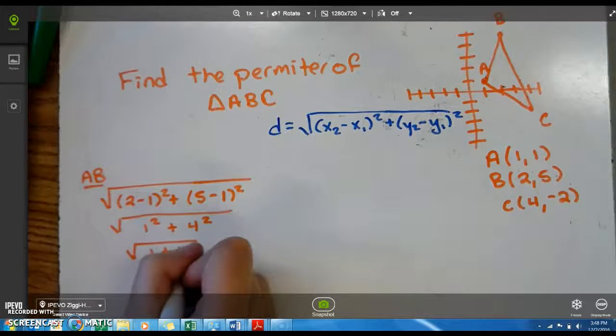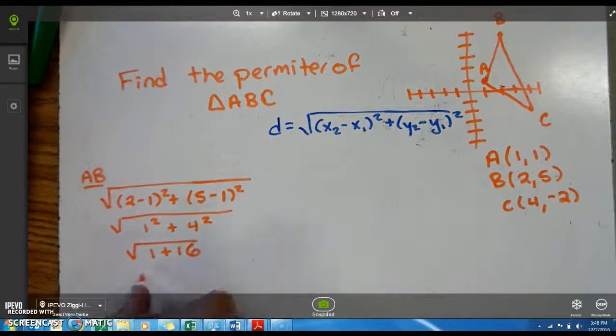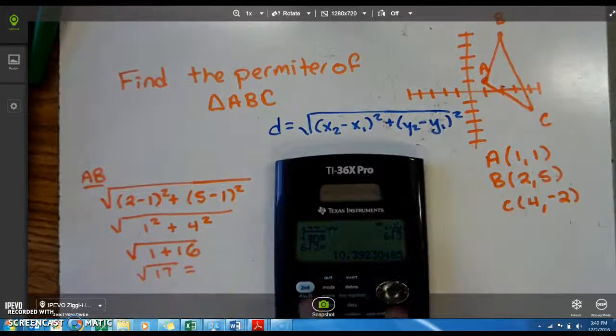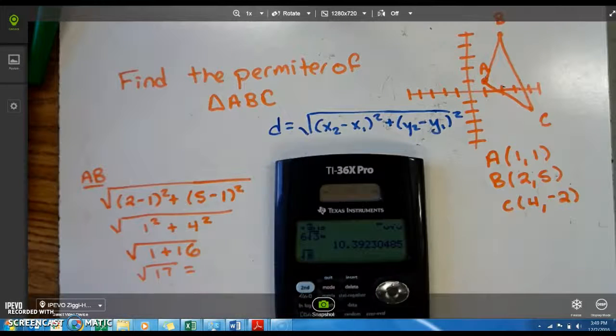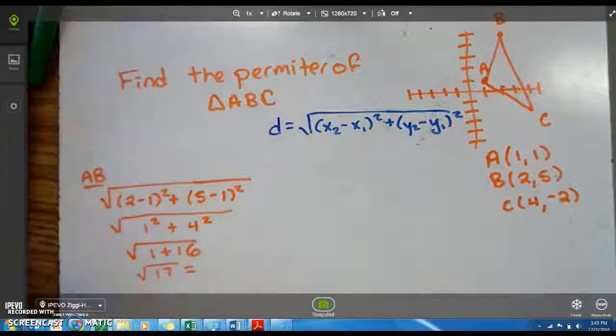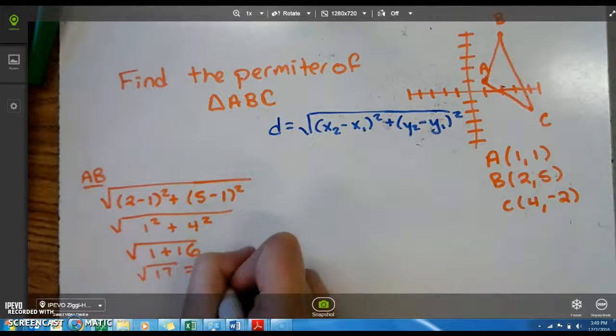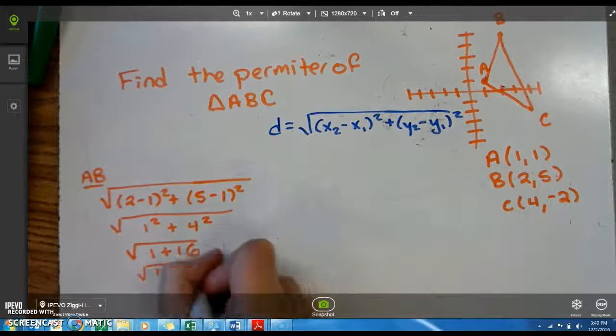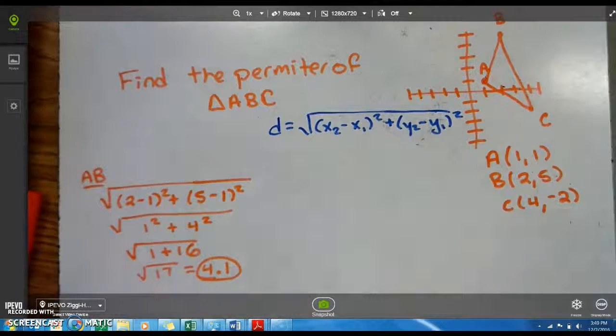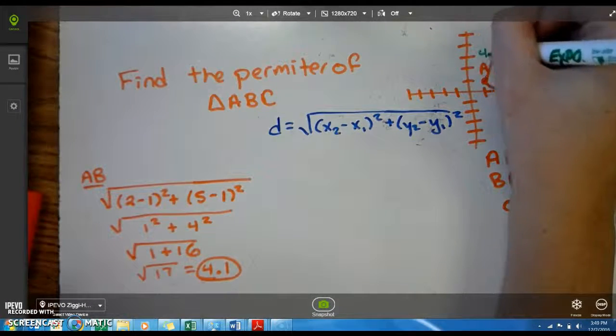That's 1 plus 16. And then square root of 17, which is 4.1. And that is going to be AB, right? So 4.1.